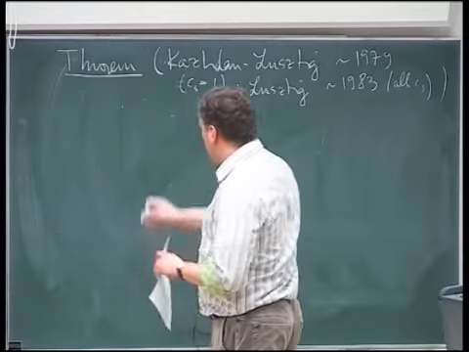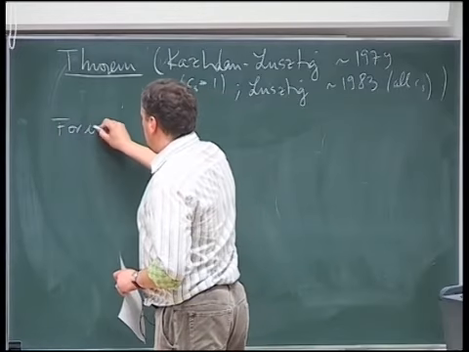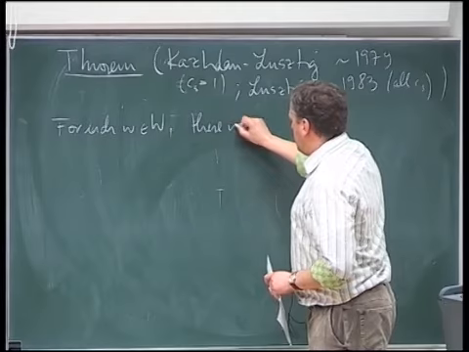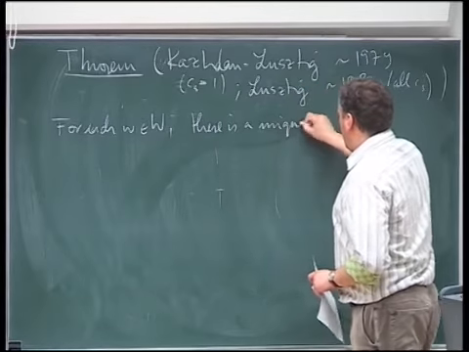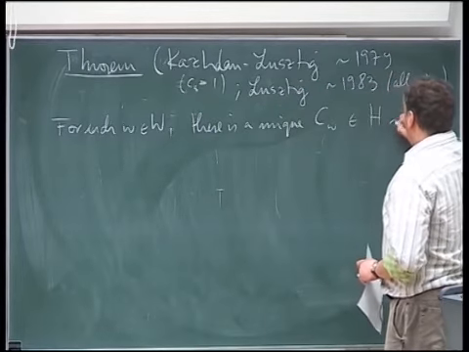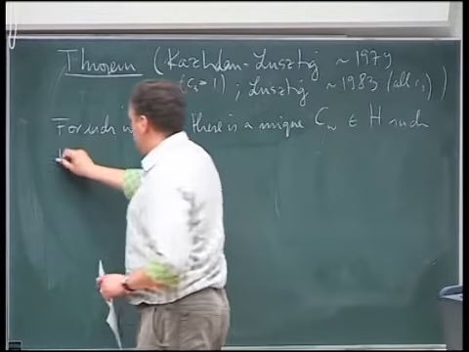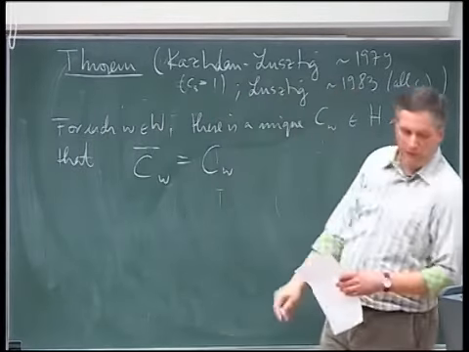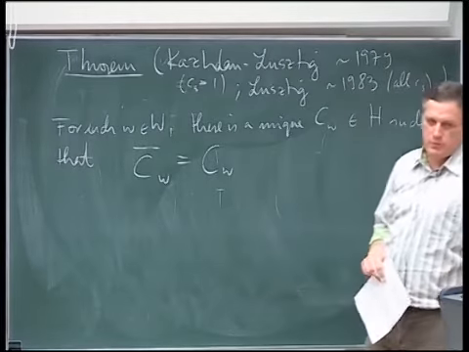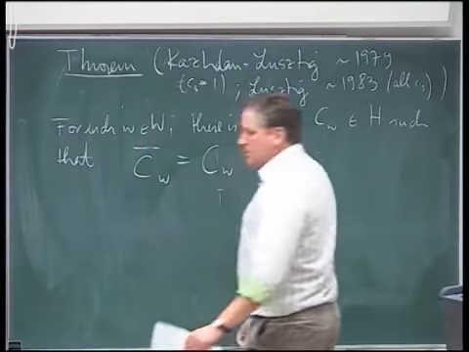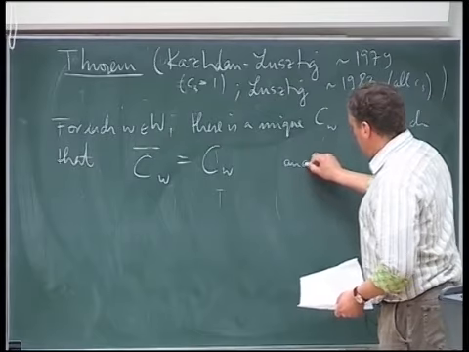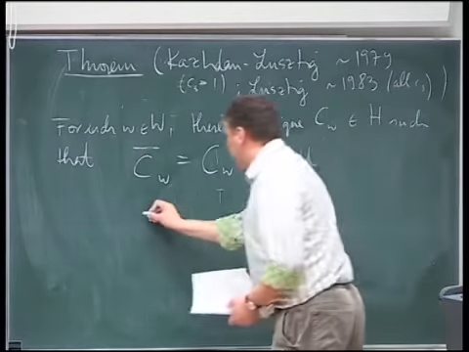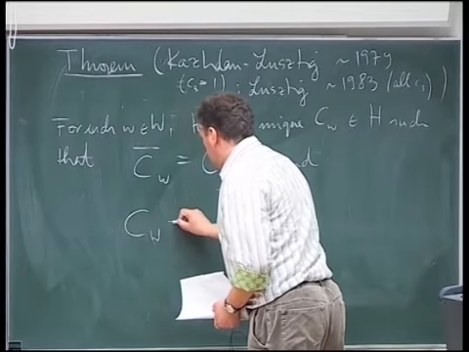So the statement is, for each w in W, there is a unique C_w in H such that C_w is fixed by this involution, but this doesn't make it unique. You have to say something about the expansion of this element in terms of the old basis. So this is the second condition.